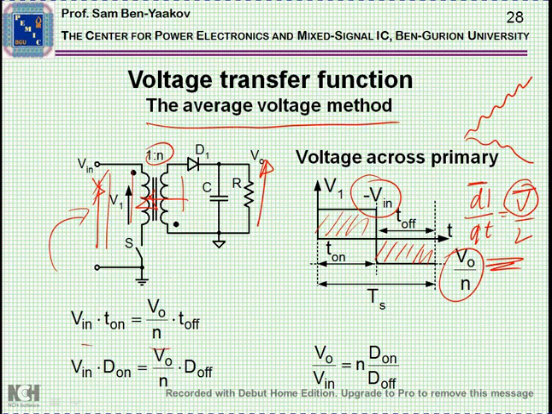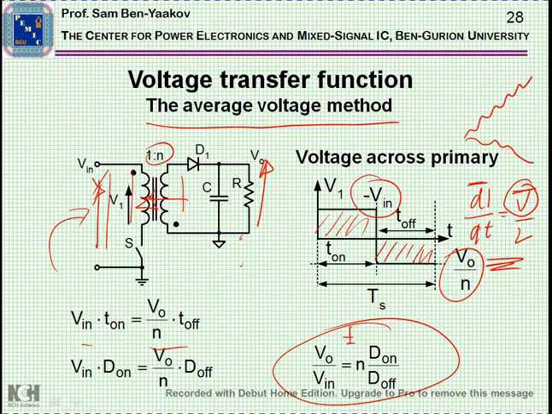And this is exactly what is done here, and we get this relationship. Now, of course, the plus minus here is really the question of which side you actually call ground, or if it's completely floating.